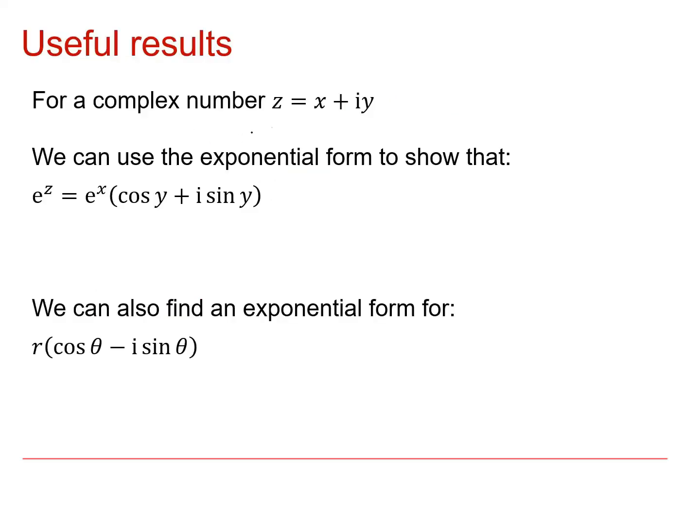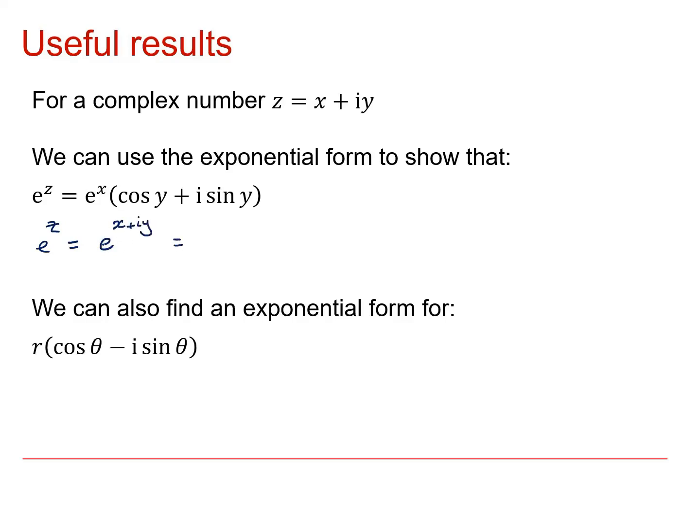For a complex number z equal to x plus iy, we can use the exponential form to show this. Let's see how that works. If we start with e to the z, that's equal to e to the x plus iy.